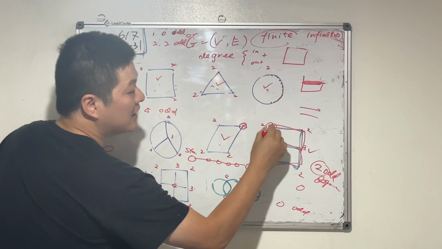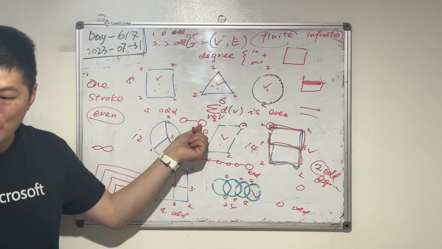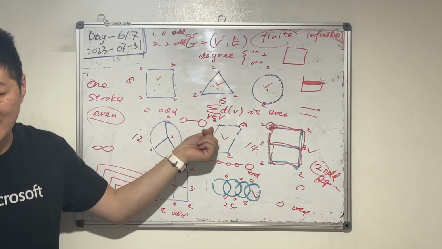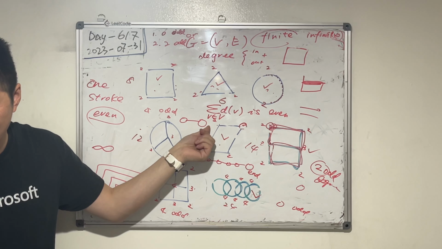Why? The sum of all the degrees, the sum of the degree of vertex v, for v belonging to V, is an even number. This is pretty straightforward. Why? Because an edge contributes to two vertices, right? You see, this edge, two vertices.